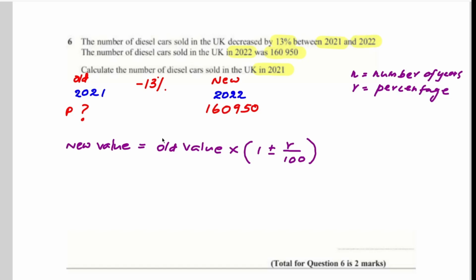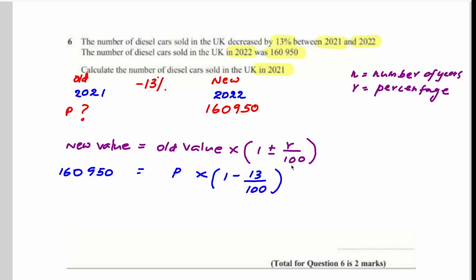New value, yes, it is given: 160,950. Old value, we have not been given, so let's call it P, times 1 minus, because the percentage is getting decreased, 13 over 100.